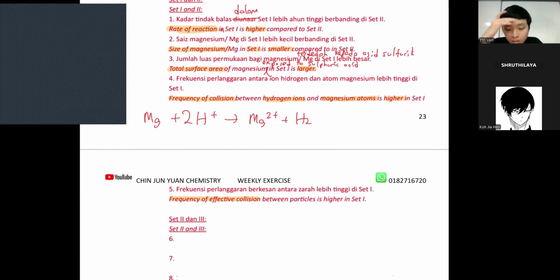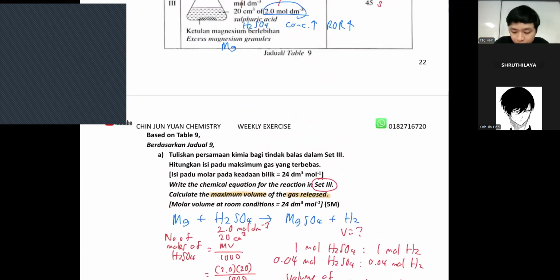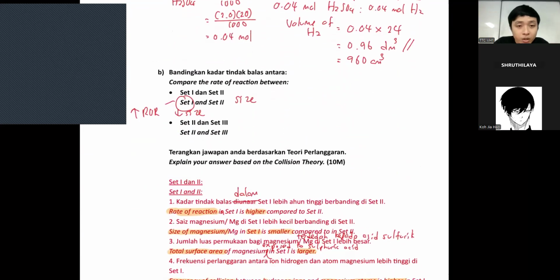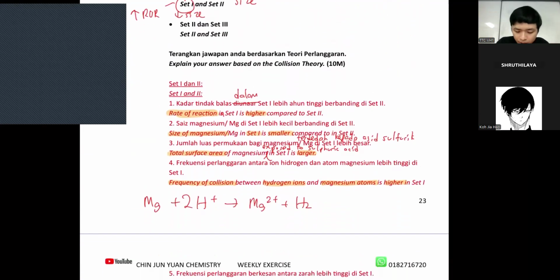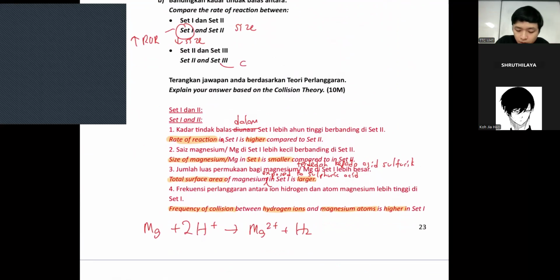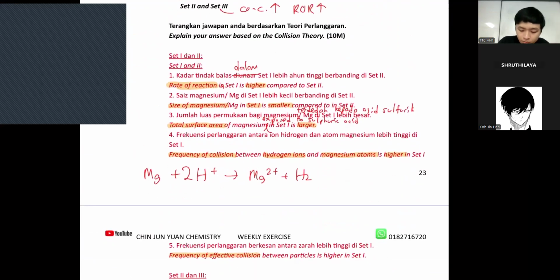This one is size. Then the other one is concentration, isn't it? Set 3 has higher concentration. So set 3, higher concentration, higher rate of reaction.